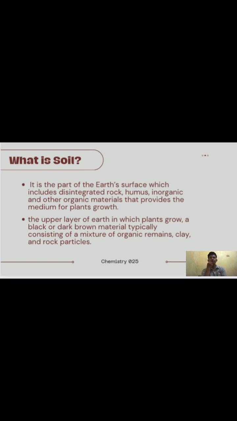Kumbaga isipin nyo, yung malaking rock na 'to, it breaks into smaller pieces. Isipin mo yun, yung rock na yun, kumbaga mapapowderize siya, parang ganun. So, na-break ang rocks because of the impact of wind, water, and reactions from salts.